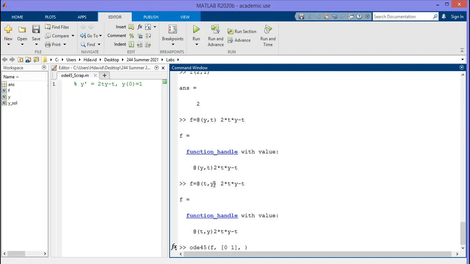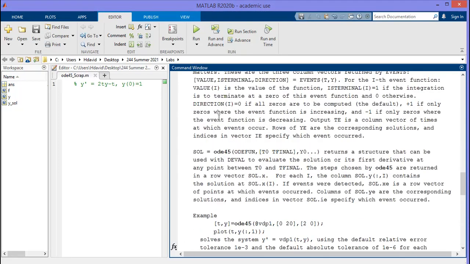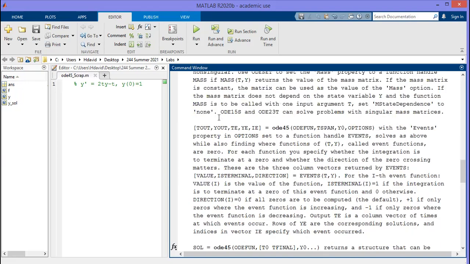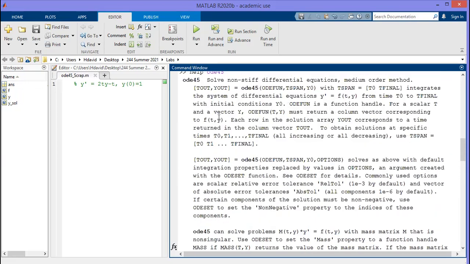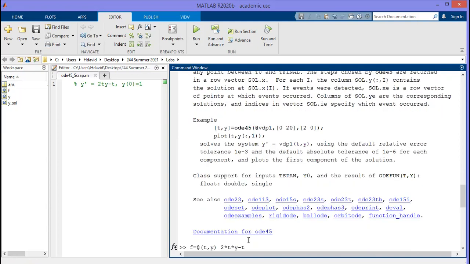And ODE45 is an adaptive method. What that means is it's actually going to pick the time interval and timestamps in a way that best optimizes certain things. So it has certain errors built into it. I think it's mentioned up here. There's some kind of errors it's allowed to do. Here it is.